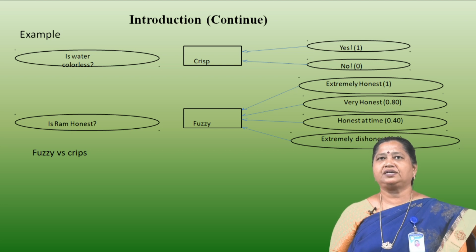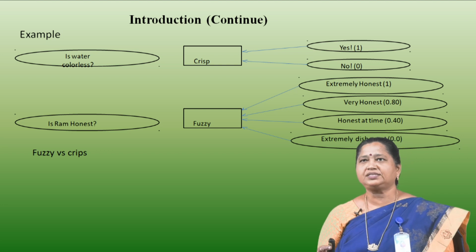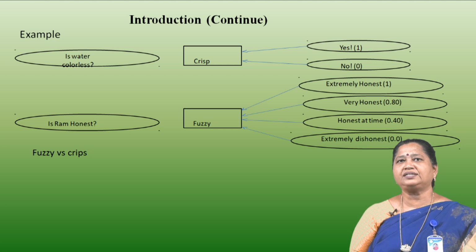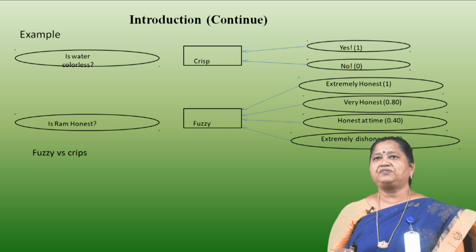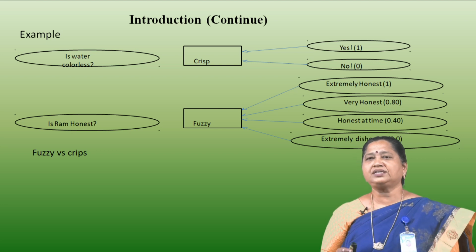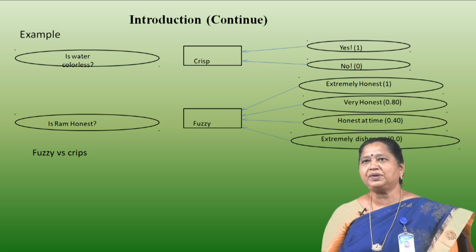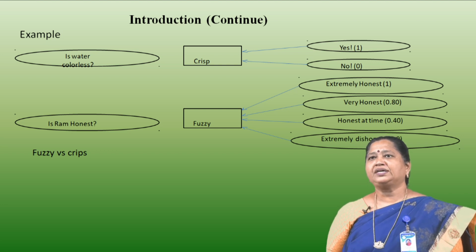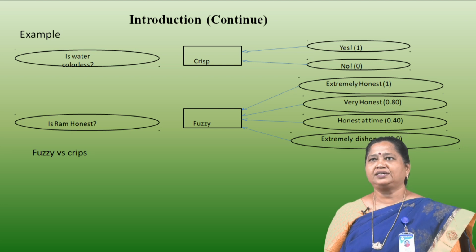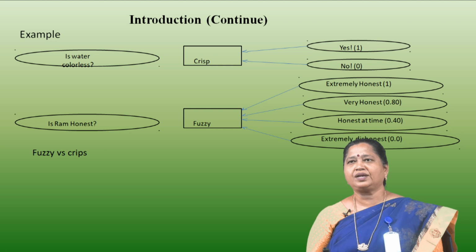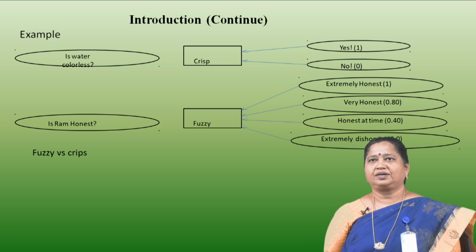In crisp, the answer can be only yes or no. In fuzzy, it can be various tones, that is extremely honest, very honest, honest at times, extremely dishonest. The 0 and 80 are nothing but the grade of fuzzy.